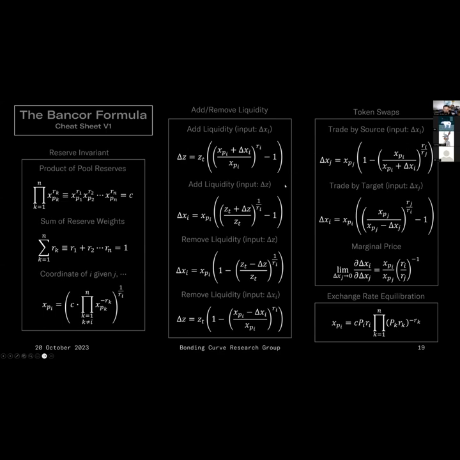I've noticed both Rabbit and Octopus have sent me some initial attempts at completing some of the homework from last week. And I noticed in some of their notes that they're saying that they need to have a look into the Balancer white paper in order to get the in given out and out given in swap equations. I just wanted to point out that these trade by source and trade by target equations are those equations, right? There is actually no difference between Balancer and Bancor V1.